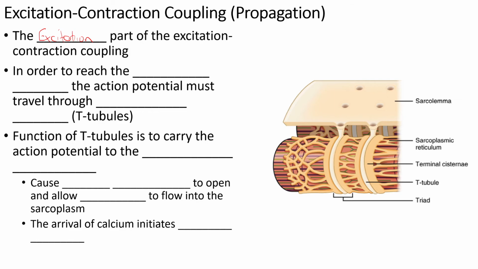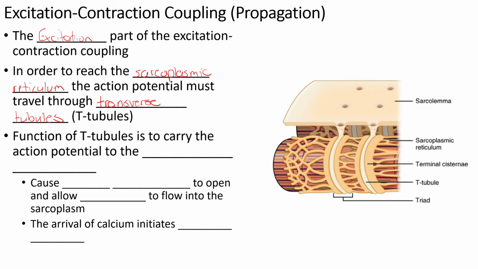Okay? In order to reach the sarcoplasmic reticulum, the action potential has got to travel over the sarcolemma, and then it's got to travel through these things called transverse tubules. Okay.